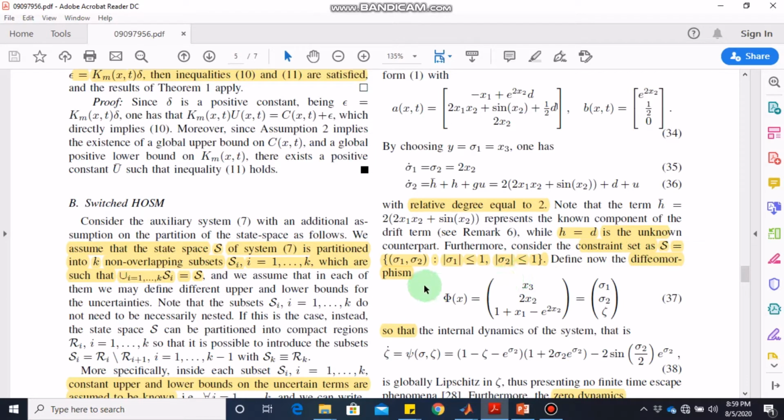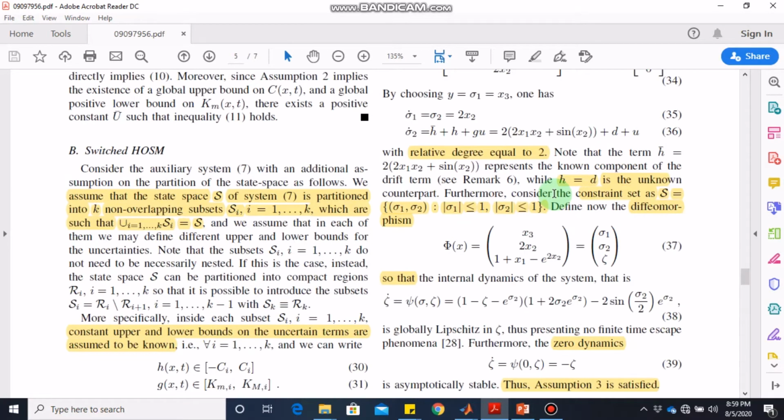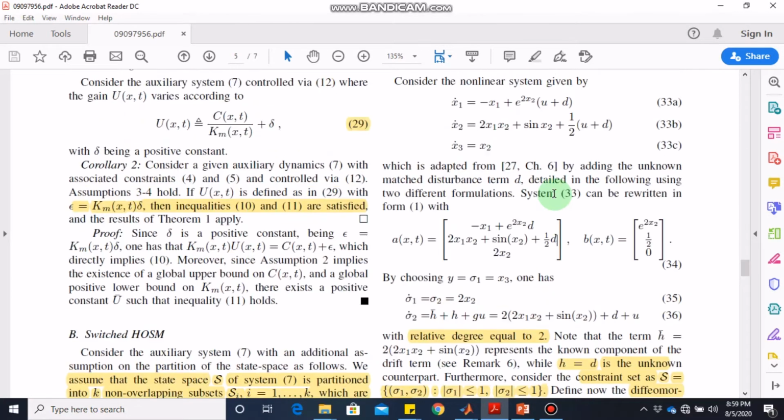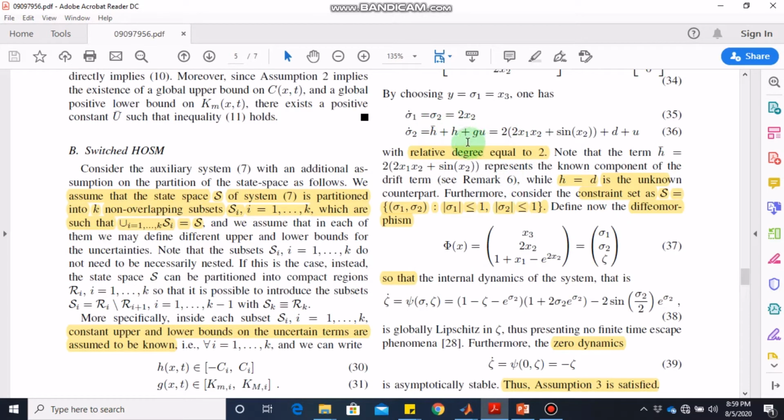And then this is an interesting step to find the internal dynamics of the system. These are the dynamics of the system in terms of the state variables, and once you define the sliding surface, the internal dynamics must be independent of the control input u and the unknown input d.